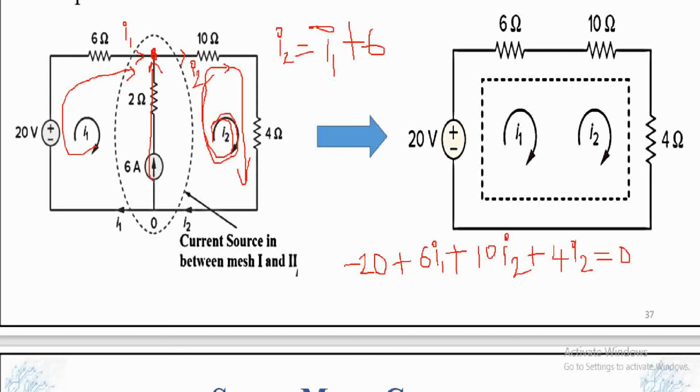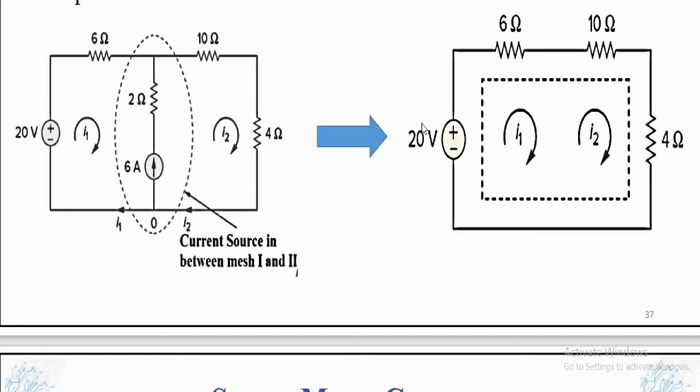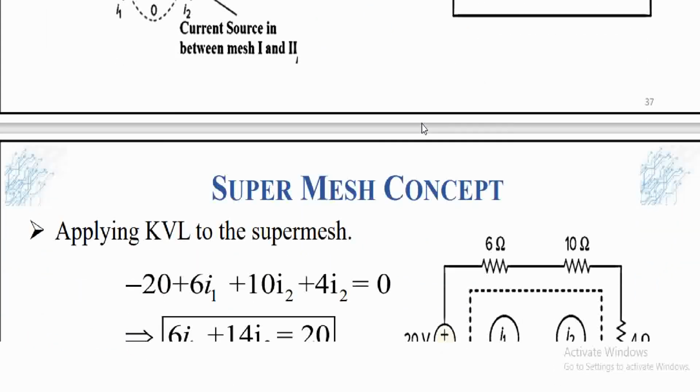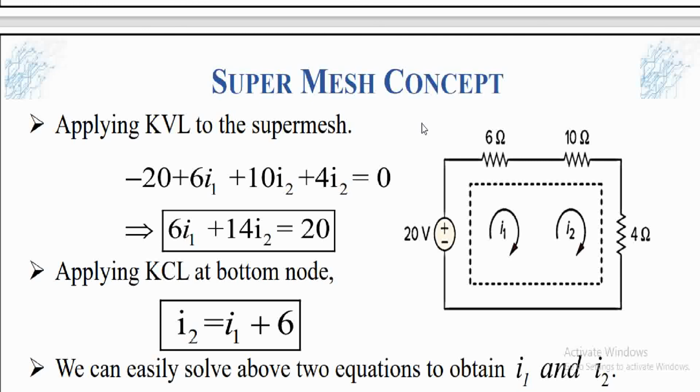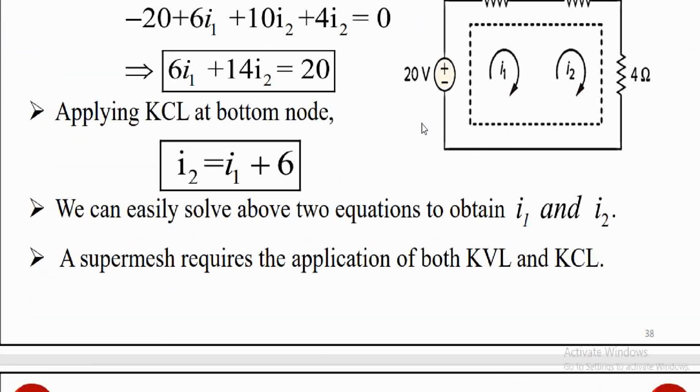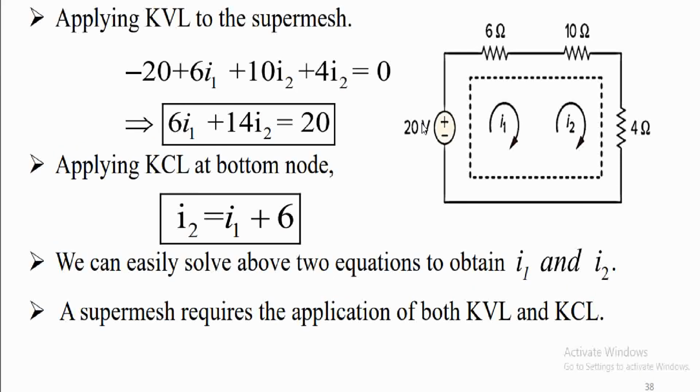This is the way to analyze a super mesh. So minus 20, 6 I1, 10 I2, 4 I2 gives 6 I1 plus 14 I2 equals 20. Applying KCL, you can apply it to the bottom node or the top node, you will get the same equation, I2 equals I1 plus 6. So we can easily solve the two equations to obtain I1 and I2.